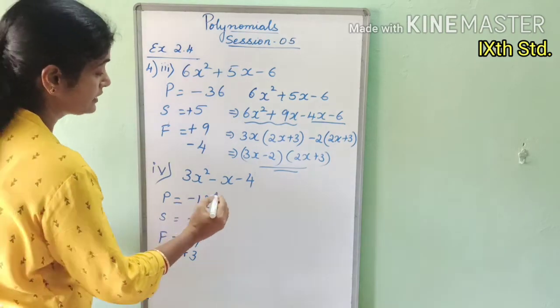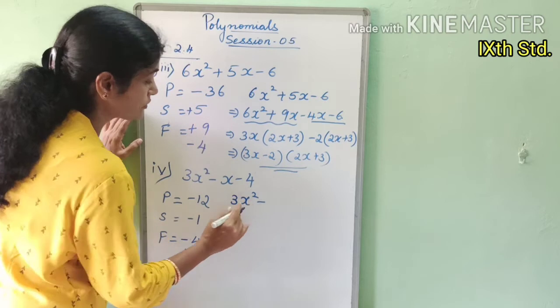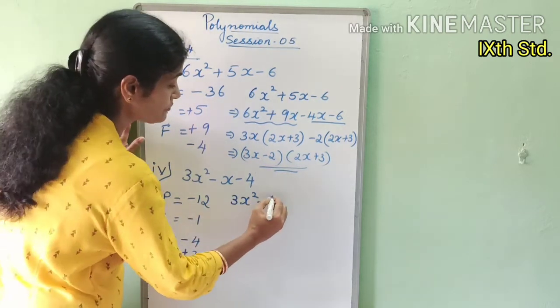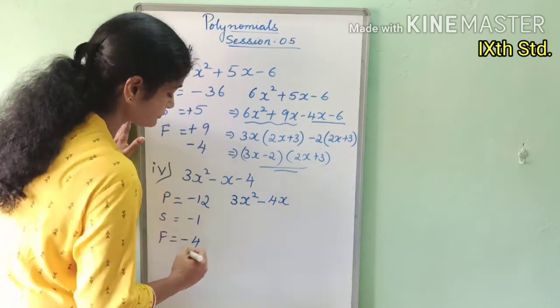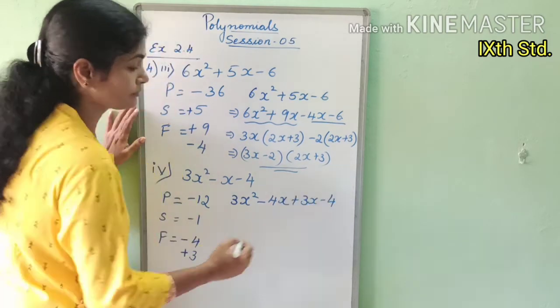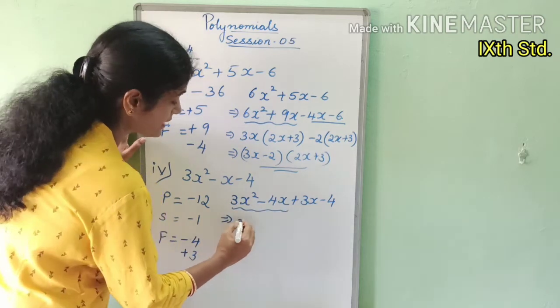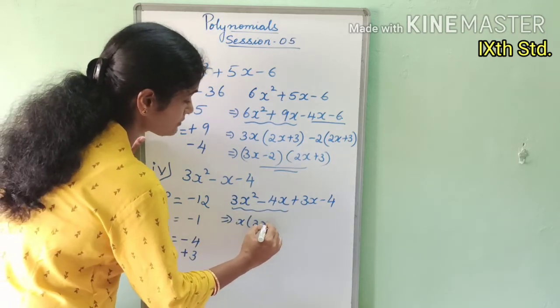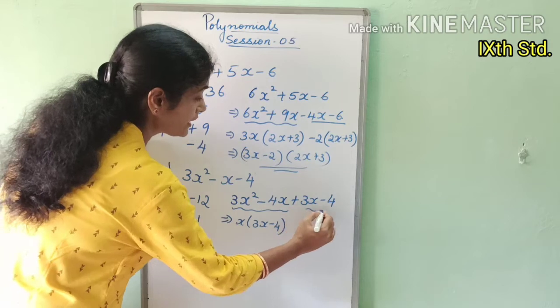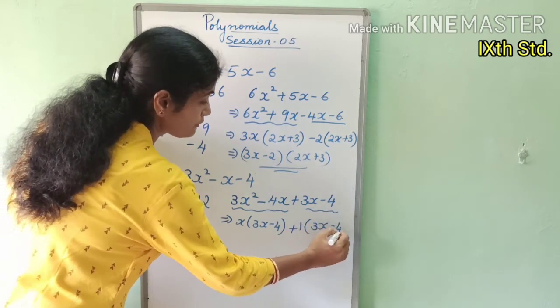Okay. Then to the splitting of this middle term. So 3x square minus 4x plus 3x minus 4. Now in the first two terms x is common. So x into 3x minus 4. In the next two terms 1 is common. 1 into 3x minus 4.